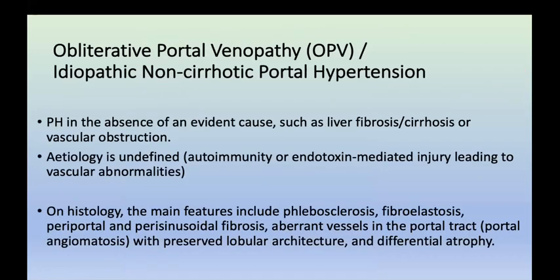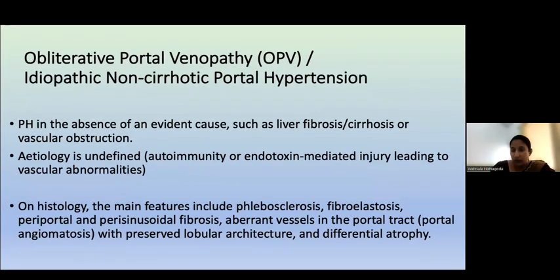When we talk about non-cirrhotic portal hypertension, I thought it's better to discuss a bit about this condition, which is quite new, and we don't see much literature or evidence in the pediatric population. It is called obliterative portal venopathy or idiopathic non-cirrhotic portal hypertension.